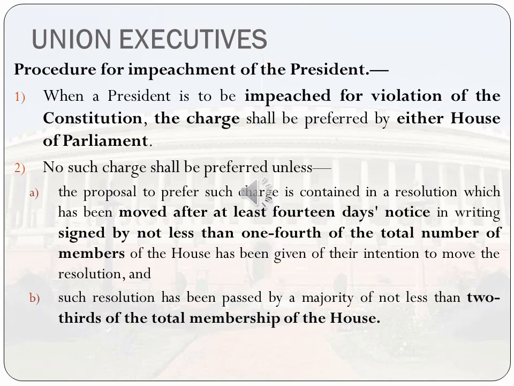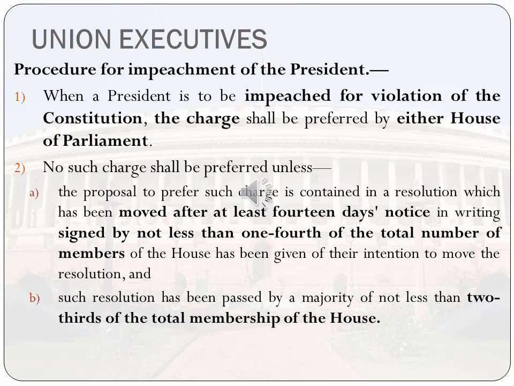So at least 25%, or one-fourth, of the members of the House have to sign the resolution, and a 14-day notice period has to be provided before such an act of impeachment is introduced in the House.